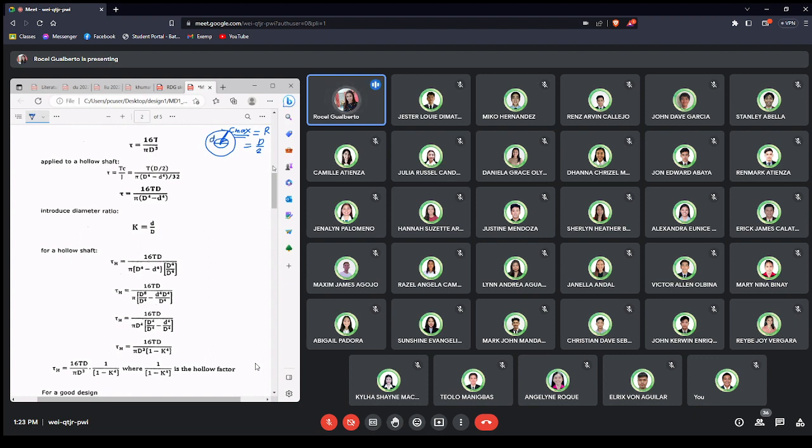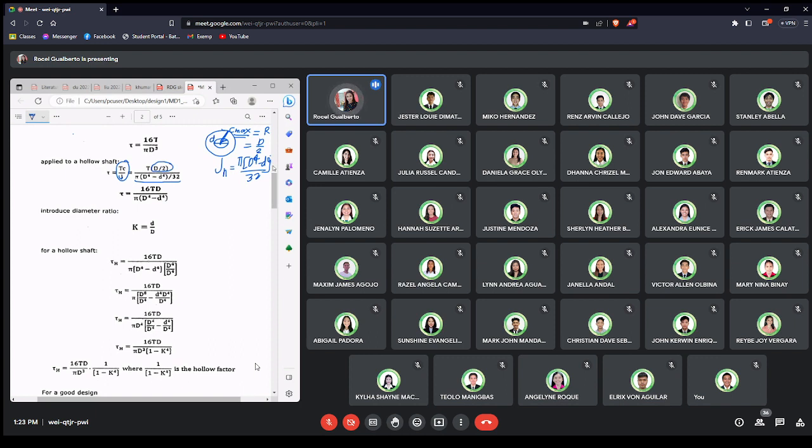Again, the general equation is tau equal to TC divided by J. And J for hollow would be equal to pi quantity D to the fourth minus d to the fourth divided by 32. Sorry, this is d to the fourth. So this is what we substituted, J for hollow. And for C, that would be the outer diameter divided by 2.